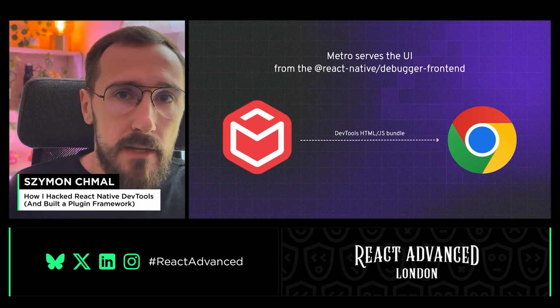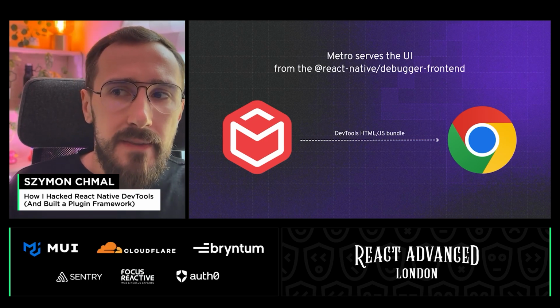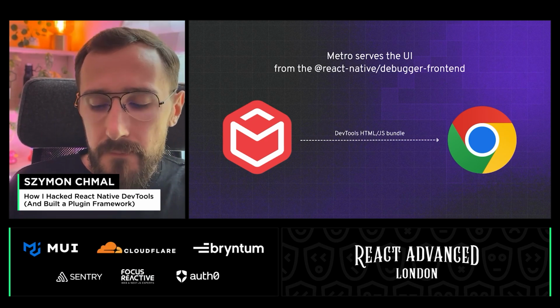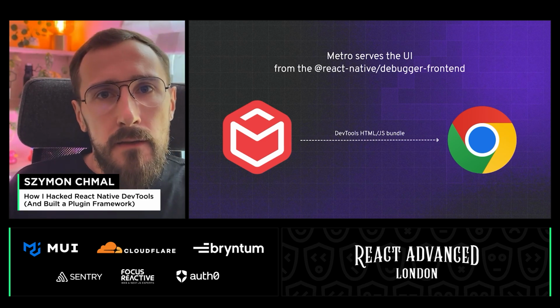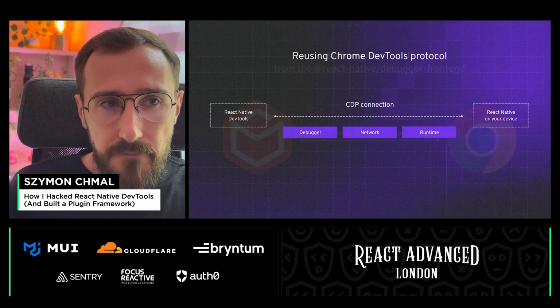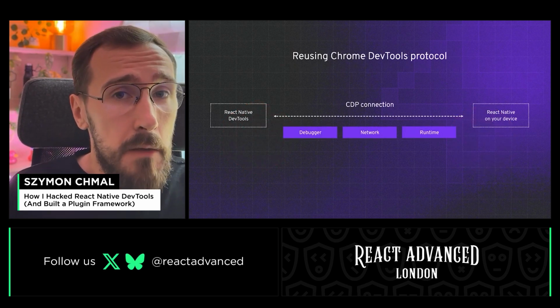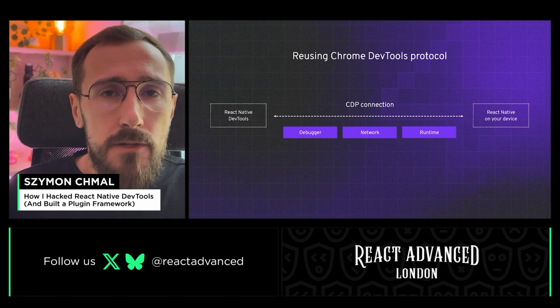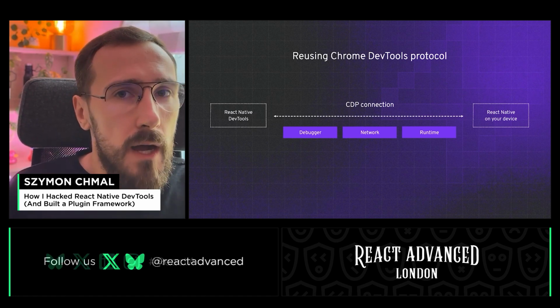So basically there is a custom middleware embedded into Metro, which takes the npm package I just mentioned, reads it, and then serves it to the user on request. And when it comes to the DevTools protocol, the communication link, we want to reuse the existing one, which uses Chrome DevTools protocol. Why?